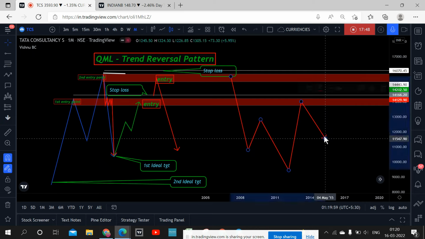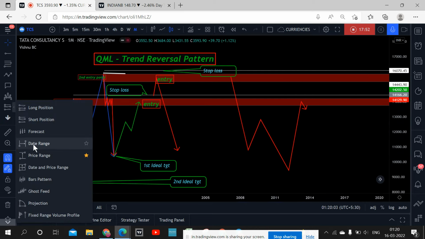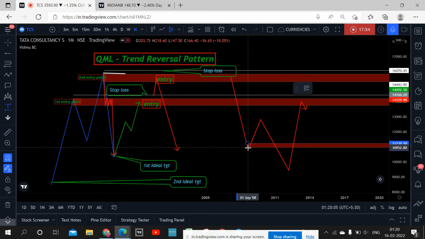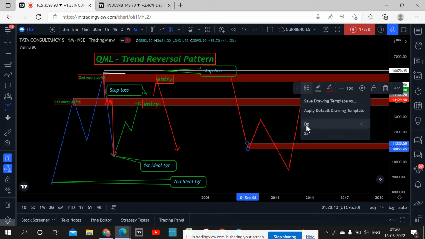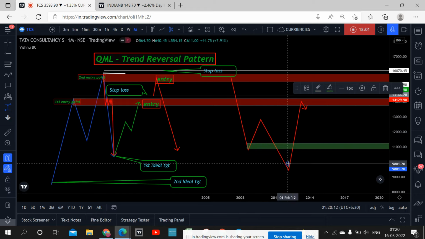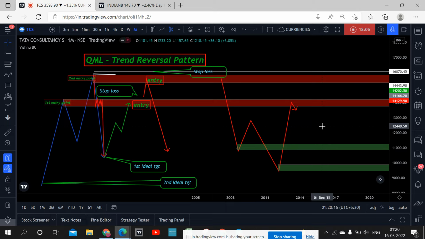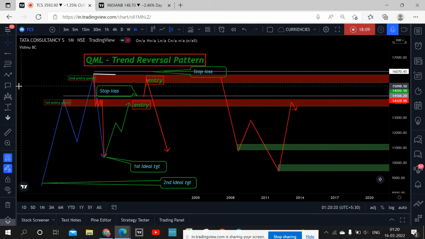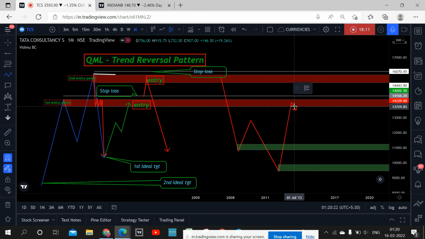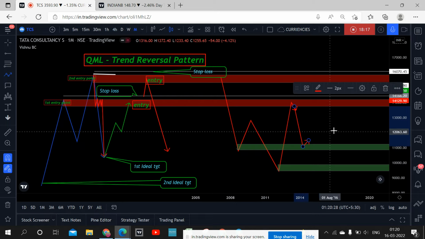When the price goes up, identify your zones and mark your entry point. So this is your first entry point. If the stop loss hits, this is your second entry point. So whenever price has made a higher high, higher low, wait for the price to come to this area and initiate your buy.